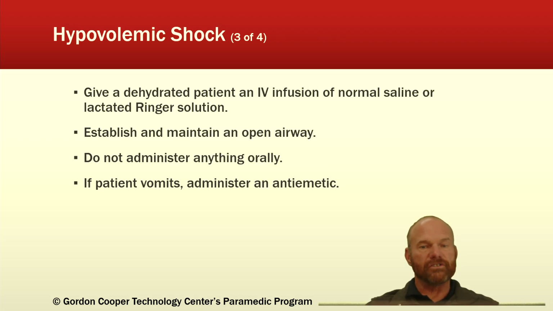So consider administering 20 mils per kilo in 250 mil boluses. Obviously checking blood pressure, obviously checking lung sounds with these. Don't administer anything orally to the patient to avoid further risk of vomiting or aspiration. If they do vomit, might think about administering an antiemetic to manage nausea and prevent further vomiting.